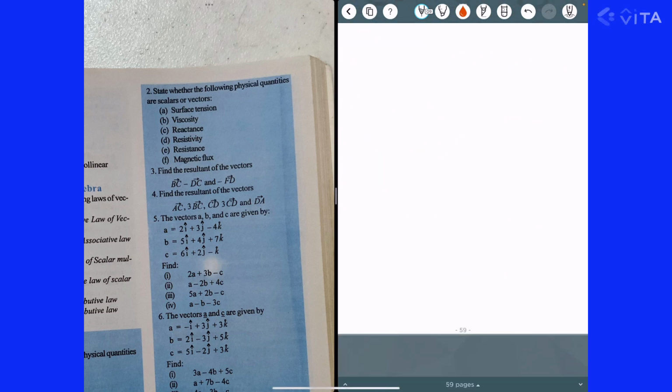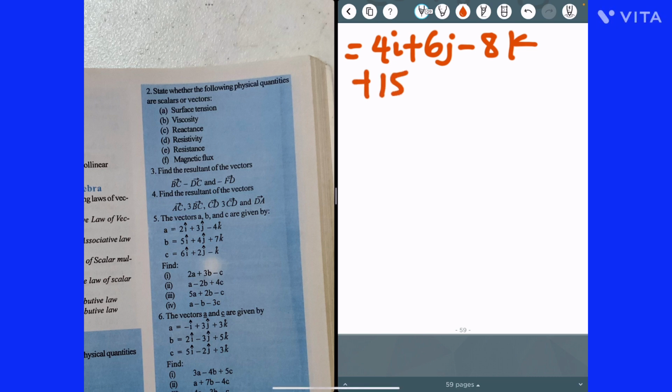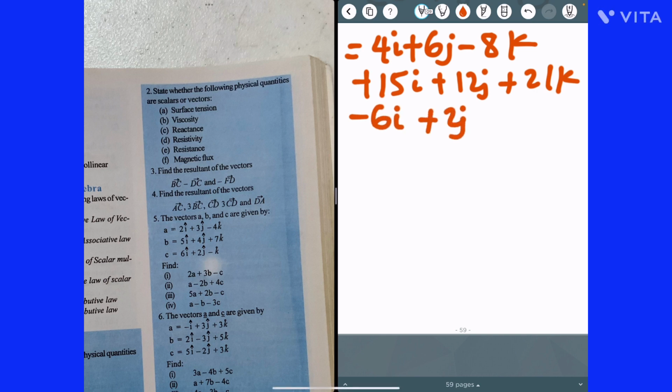I'm going to get 2 times A, 2 times 2I, 4I plus 6J minus 8K. Then plus 3B, that's plus 15I plus 12J plus 21K. Minus C will be minus 6I minus 2J plus K.